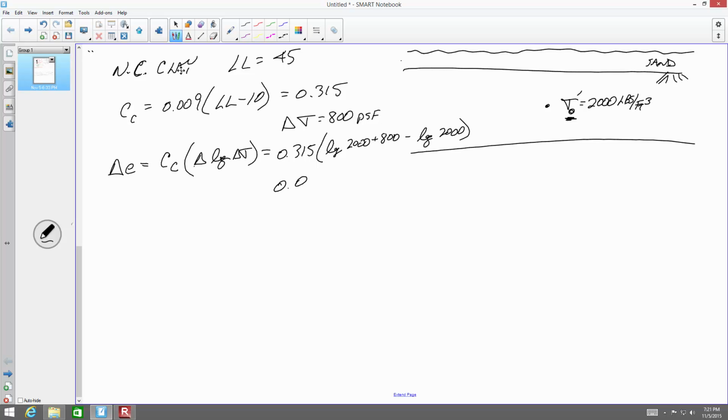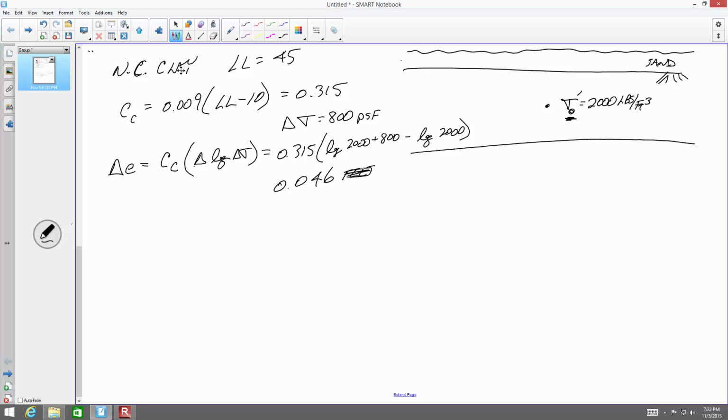It's going to give you 0.046 feet. Oh, no. Sorry. That's the change in e. There are no units there. They don't typically do that on the exam. So this is out of these practice books.